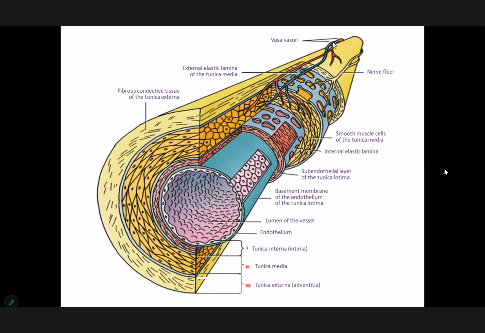And here we can see the blood and nerve supply. These are called vasa vasorum and nervi vasorum. They come inside the wall of this vessel and innervate and supply with nutrients and oxygen the cells which comprise the wall of this vessel.